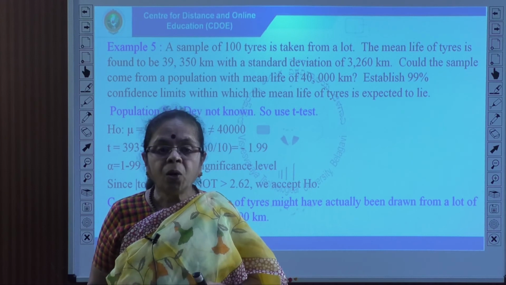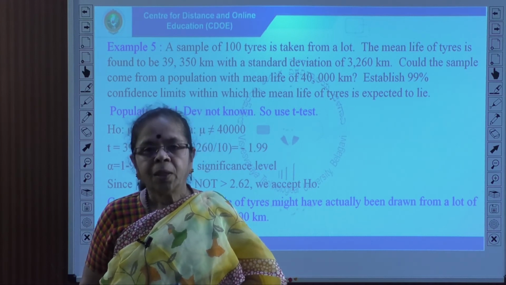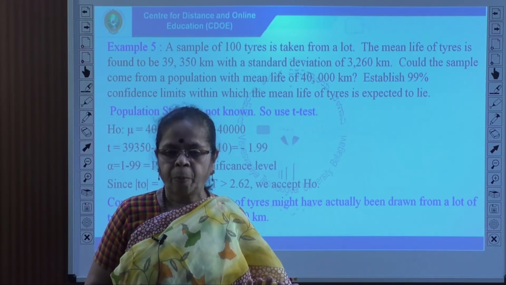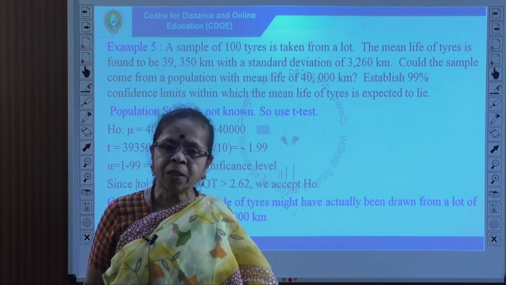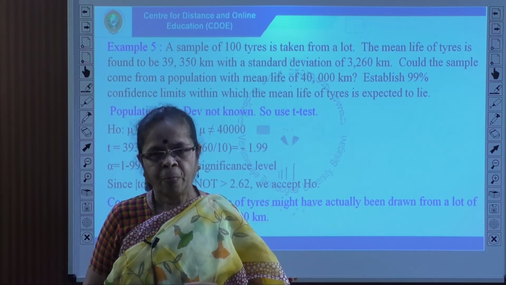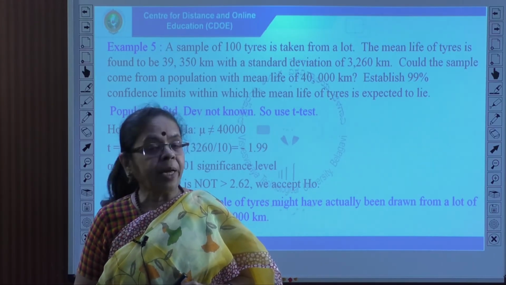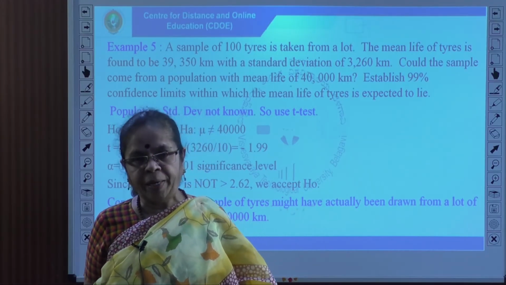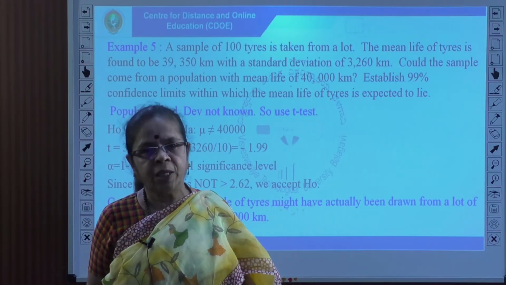So, what can I conclude? I can conclude that my sample of 100 tires has been taken from a lot of tires which have a mean life of 40,000 kilometers. So, if the tire manufacturer comes and says, I have an average life of 40,000 kilometers for my tire, he or she is correct.